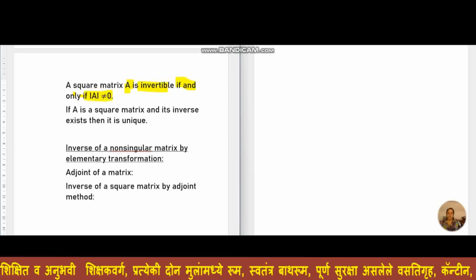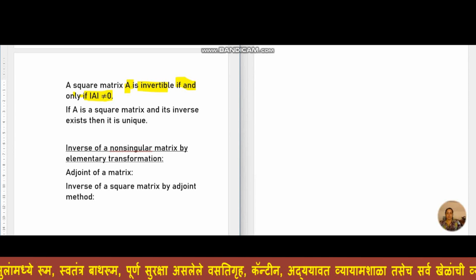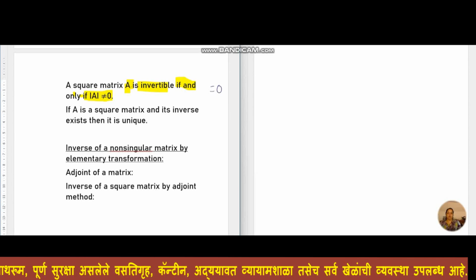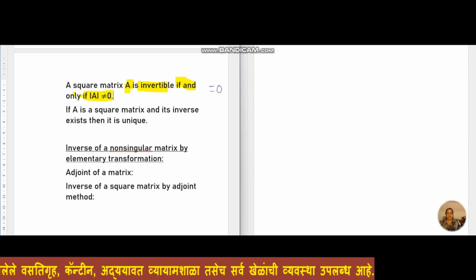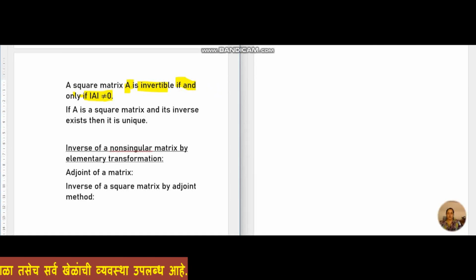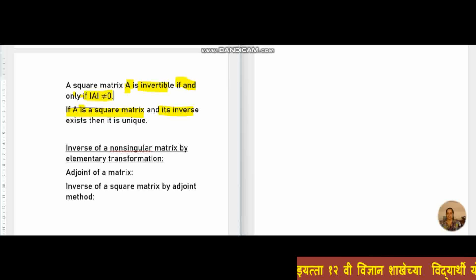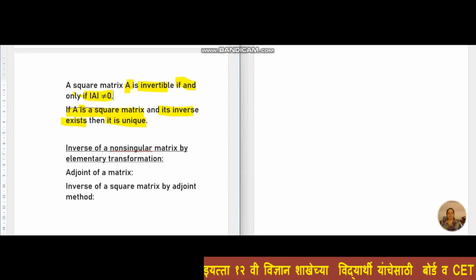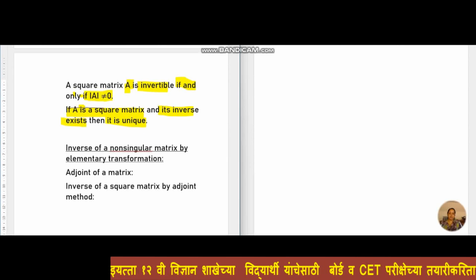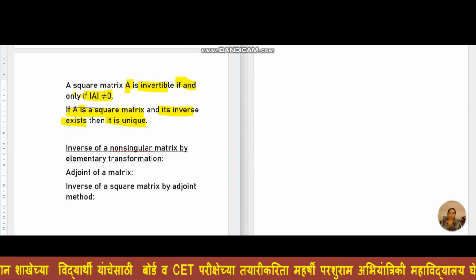If the determinant is non-zero, then proceed to calculate the inverse. If the determinant is equal to 0, then we say that this matrix is not an invertible matrix. Next point, if A is a square matrix and its inverse exists, then it is unique. Means any matrix can have one and only one inverse.